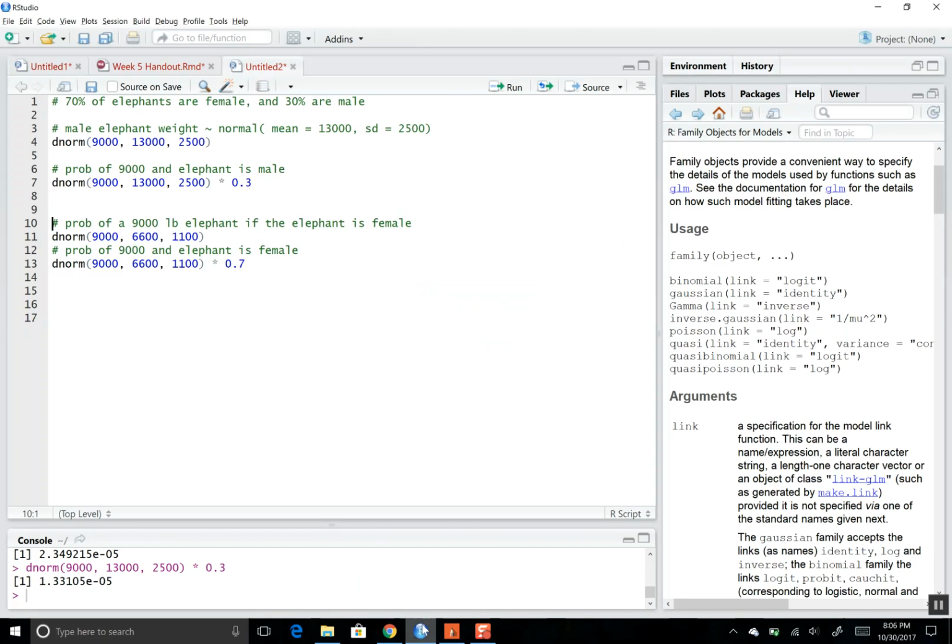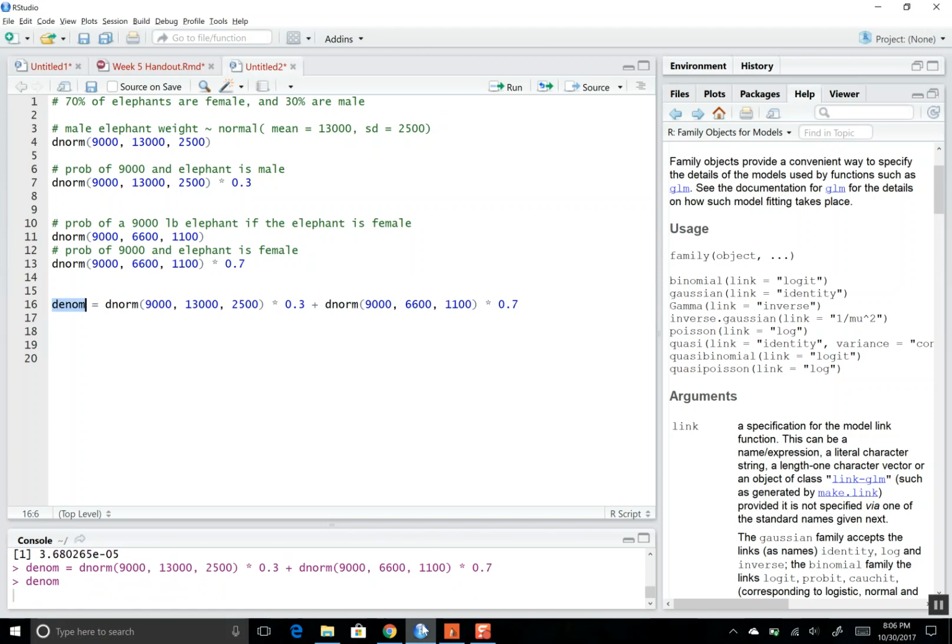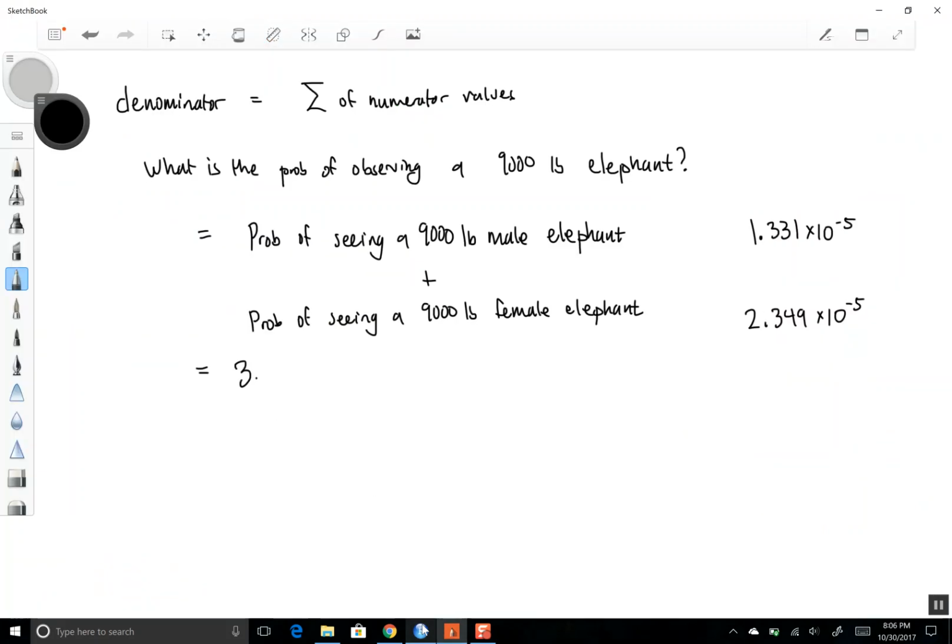Is everybody following this okay? All right, so I would just basically add these two numbers together. So this is going to form my denominator. So I'll call this denom. So my denominator is 3.68 times 10 to the minus 5.